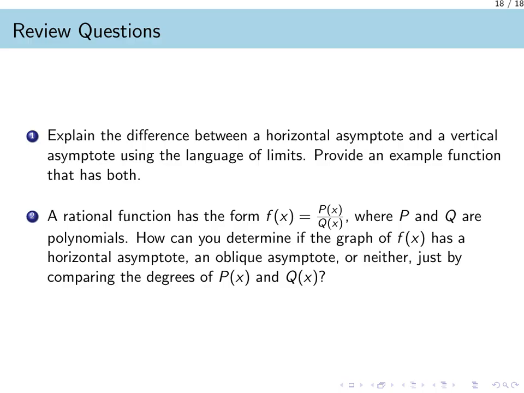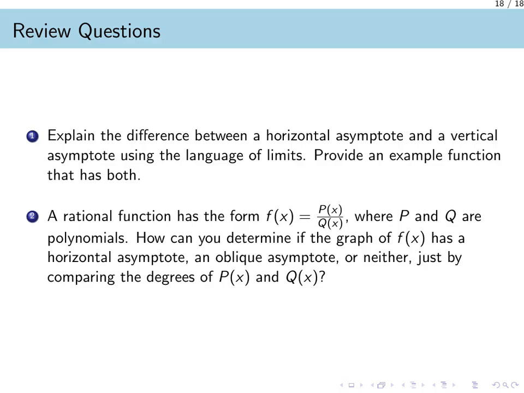You should now be able to explain that a vertical asymptote at x equals c means the function approaches infinity as x nears c, while a horizontal asymptote at y equals b means the function approaches b as x goes to positive or negative infinity. For rational functions, we found a powerful shortcut by comparing the degree of the numerator to the degree of the denominator.